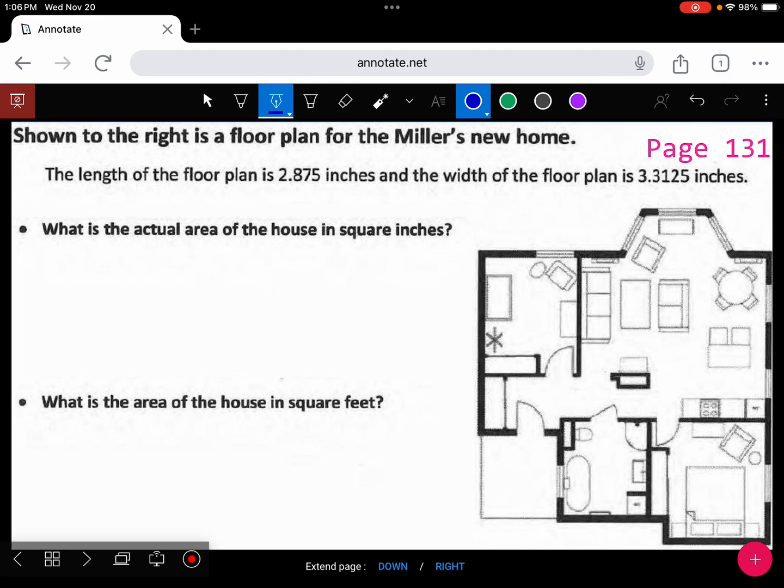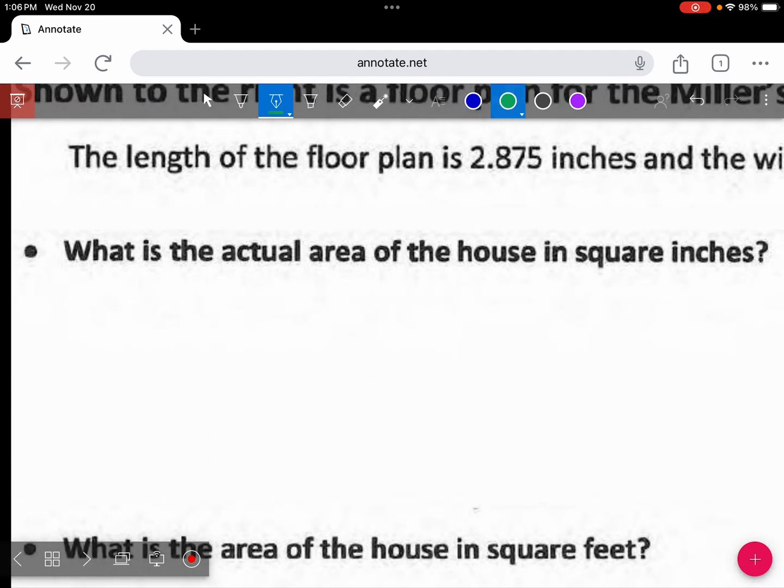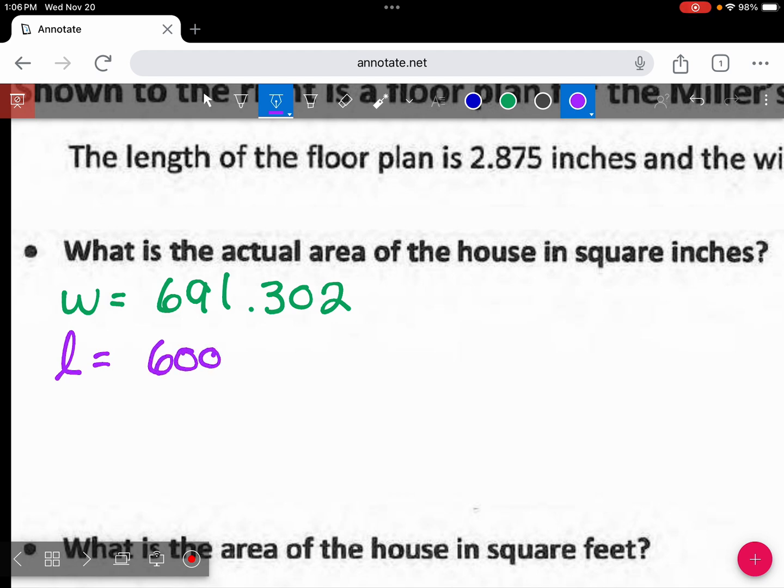So our width we had was 691.302, and our length was our 600 inches. How do I find the actual area of the house?